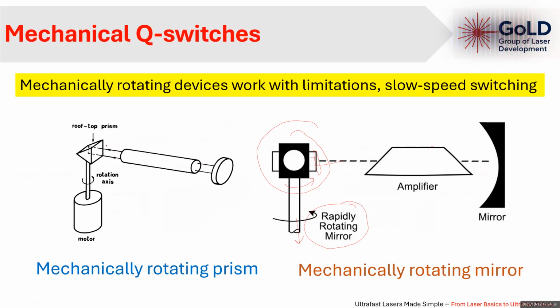And here, another possibility is to use a prism. The prism can deflect the light. It is connected to the motor, and from the prism the light makes a retroreflection and comes back here. If the prism is in the path of the beam, then we have a laser. If the prism is not in the path of the beam, then we don't have a laser at the output.